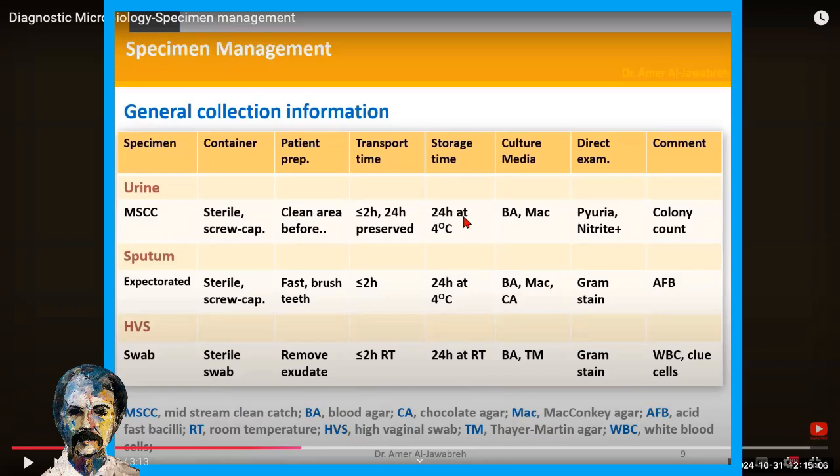Sputum. Of course, we have two or three types of sputum. Sometimes you have transtracheal, where you put a needle in the chest and they can aspirate. But this is very invasive, and very few people use it, if ever. People use expectorated sputum. To help people expectorate, you give them hypotonic saline in the form of a mist spray.